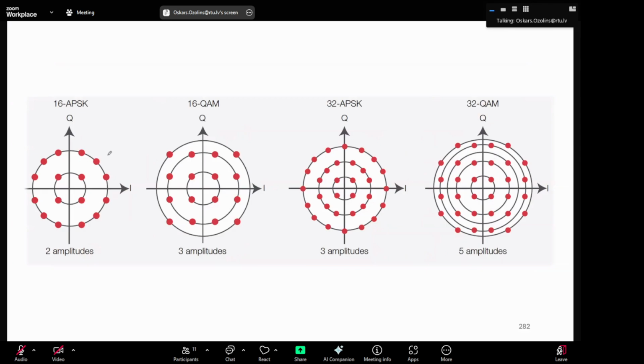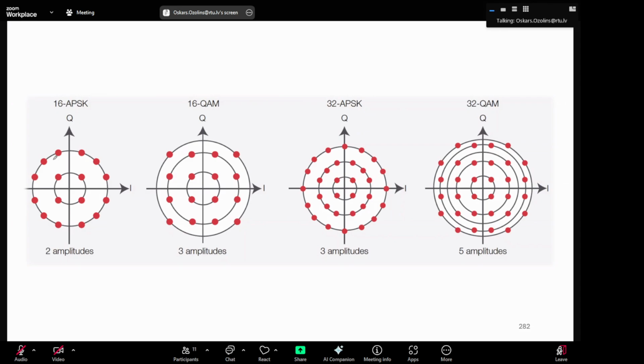Here also there's one more important thing to notice: why some modulation format is preferred instead of another. So for example, the number of amplitudes and the spacing between symbols is important, and depends on what type of impairment you are limited with.